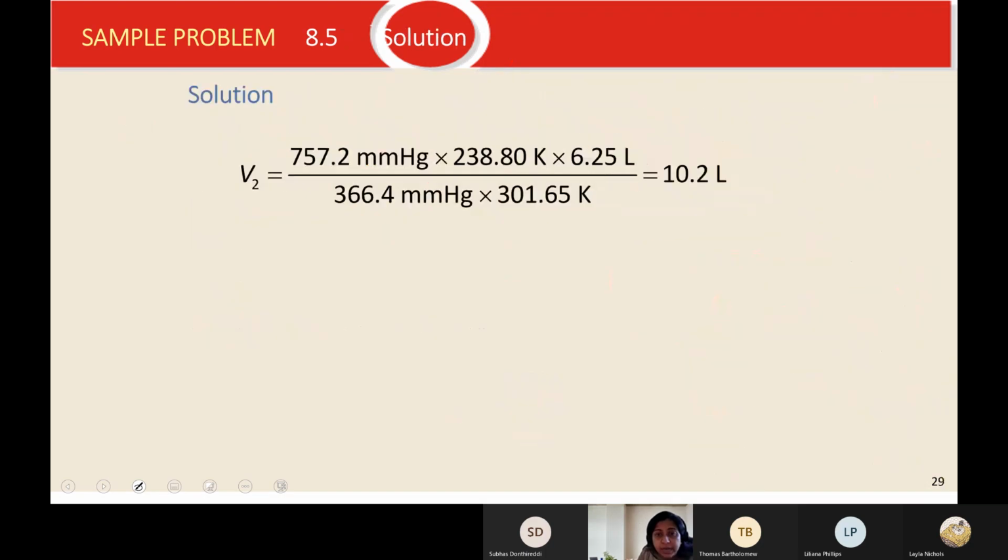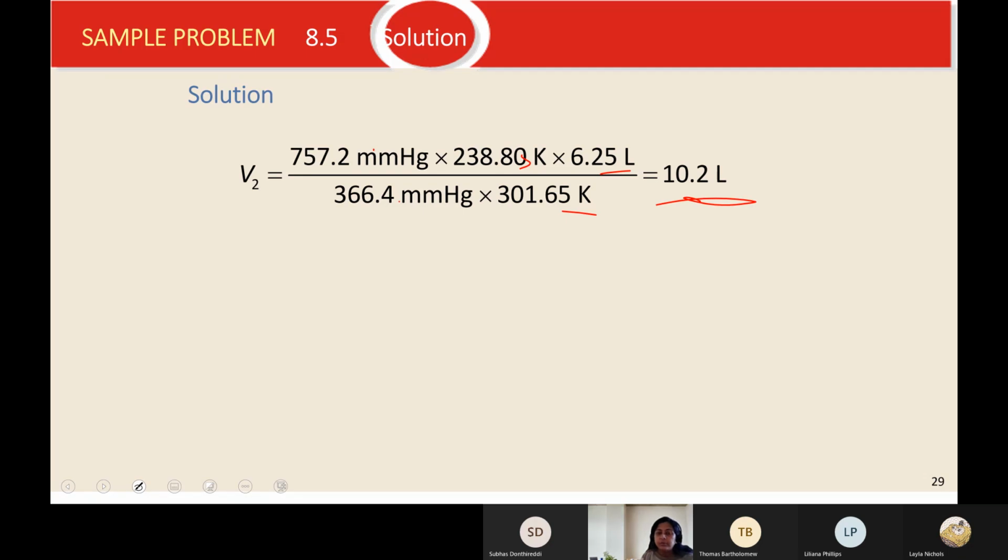Let's plug in these numbers, and remember, I just want to highlight that all the pressures are in the same type of unit, the temperatures must be in Kelvin, and the volume is applied in liters, so I'll obtain the answer for V2 in liters.